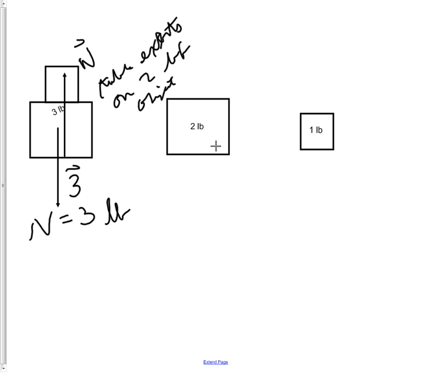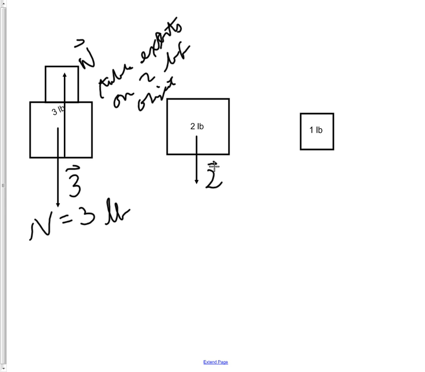Okay, now I'm going to choose the 2-pound object as the body. What are all the forces on this guy? Well, there is his own weight, but his own weight is only 2. So I'll just call that the vector 2. Is there anything else in the universe which is exerting a force on him? And the answer is yes.